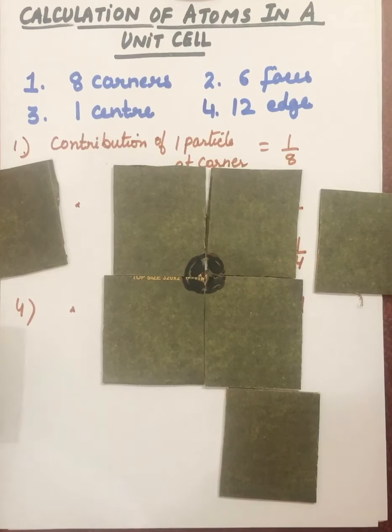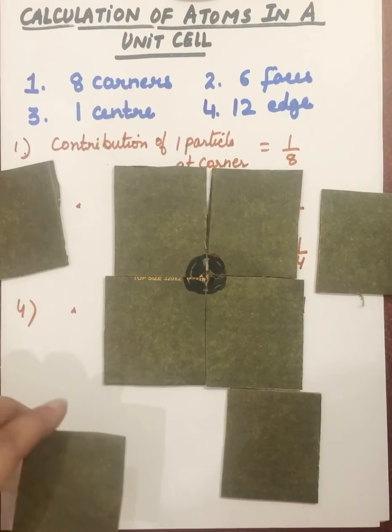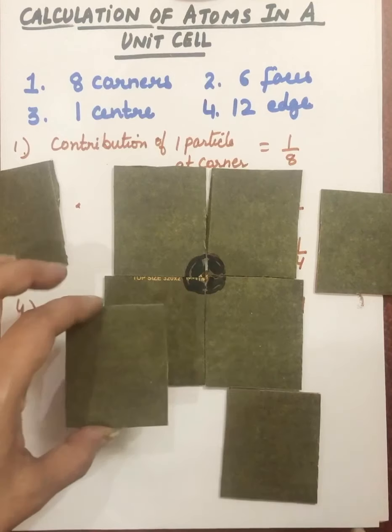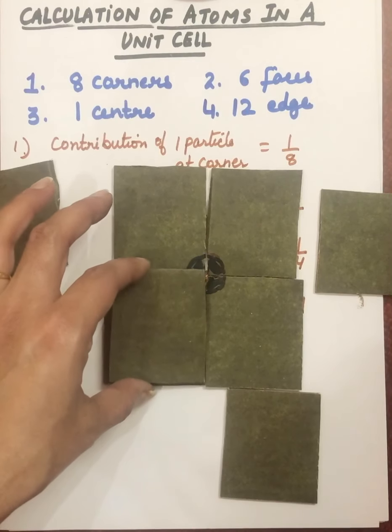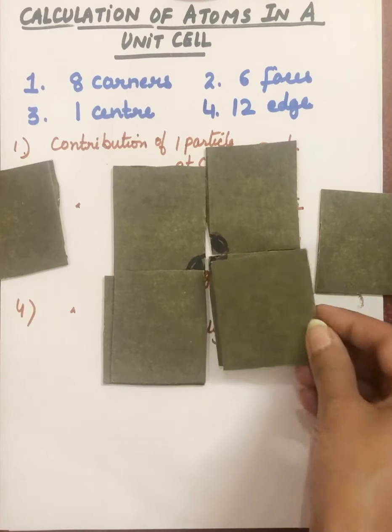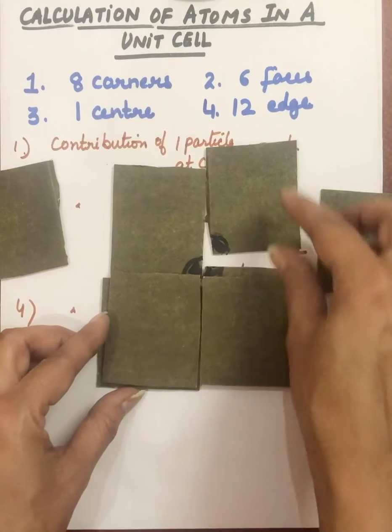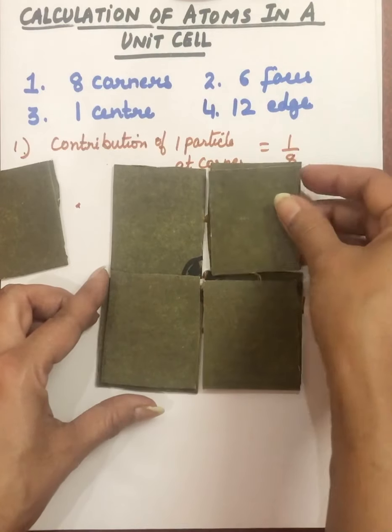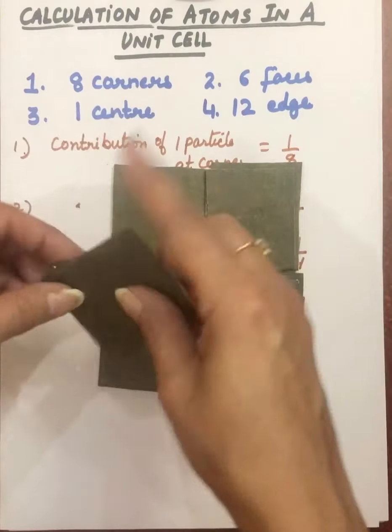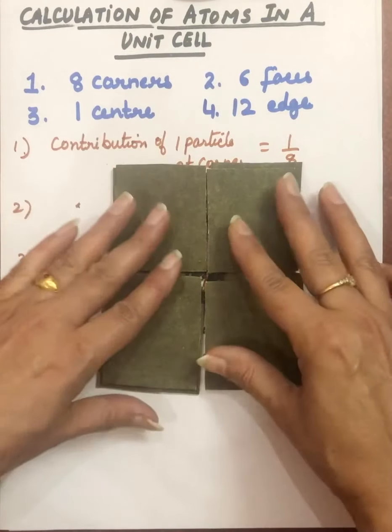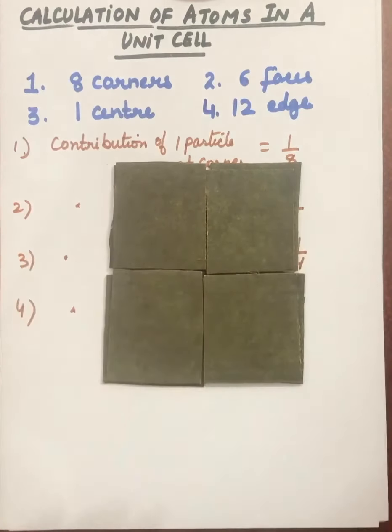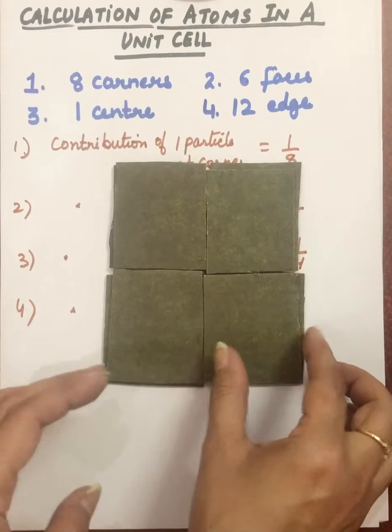And when I'm keeping the unit cell on the top of this, remember this is a sphere here. So this unit cell will also touch this particle. Similarly, this one is touching it, and this one is also touching this particle. So actually this particle is shared with how many unit cells? It's shared with the 8 unit cells.